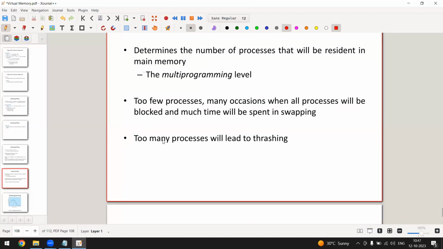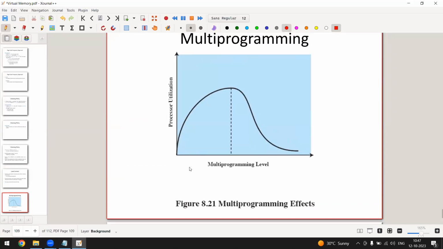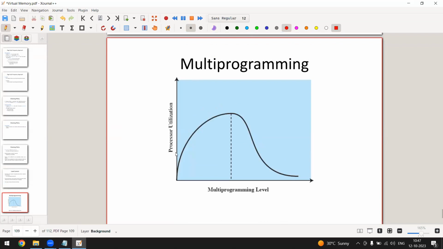On the other hand, if there are too many processes, it will lead to thrashing. When they require swap in and swap out, most of the processor's time will be spent in swapping rather than actual execution. So this is the idea of the multi-programming level.